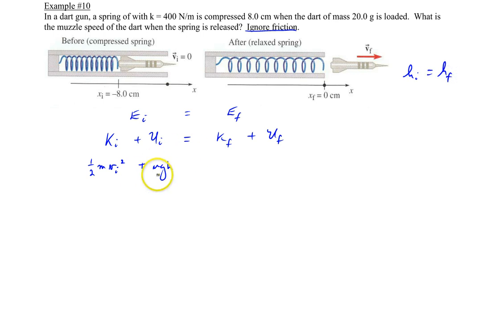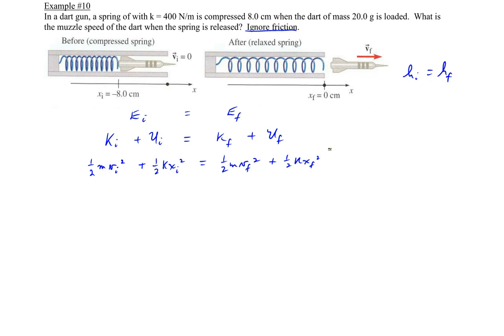So I'm going to neglect putting in gravitational potential energy. I'm only going to include the potential energy that is elastic. So we have 1/2 k x initial squared. And then on the right side, we write the same terms: 1/2 m v final squared plus 1/2 k x final squared. If you're not sure, you could always add in the mgh's and see if they cancel or not.